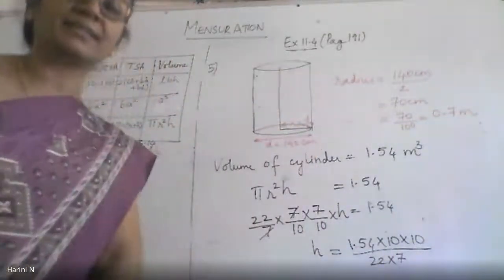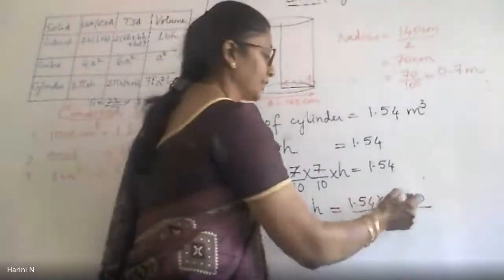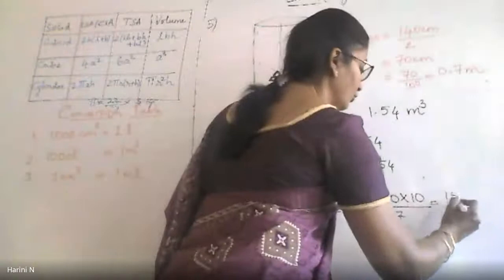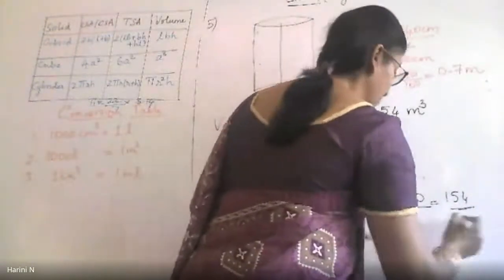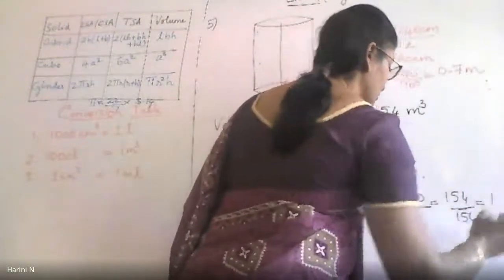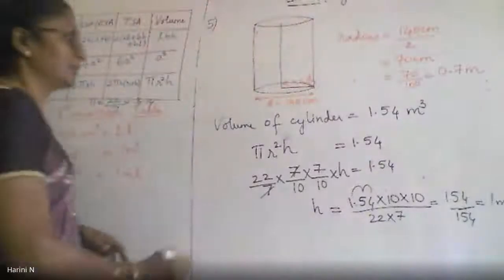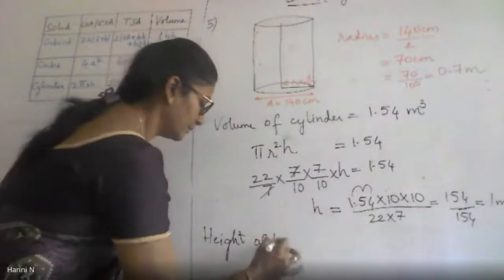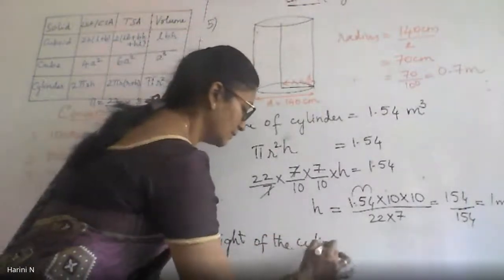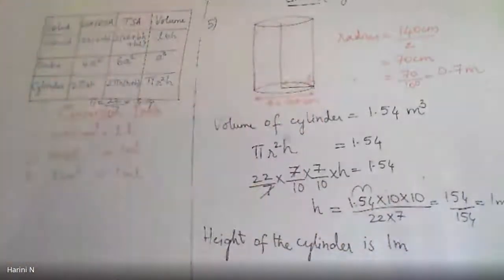Now try to simplify this further. 1.54 into 10 will become 15.4, the decimal jumps one place. Hmm, 1.54 into 10 becomes 154 after adjusting the decimal. And 22 into 7 is again 154. So this will be equal to 1 meter itself. So the height of the cylinder is 1 meter. That's as simple as that.